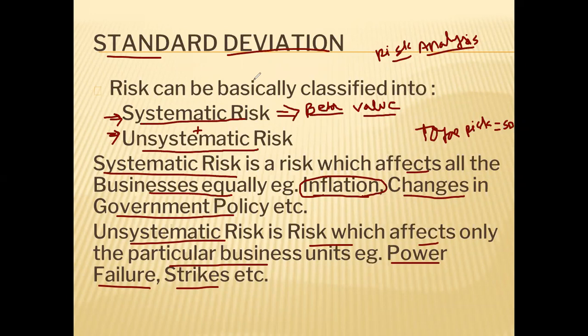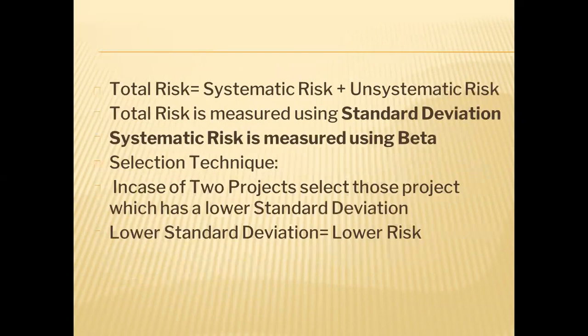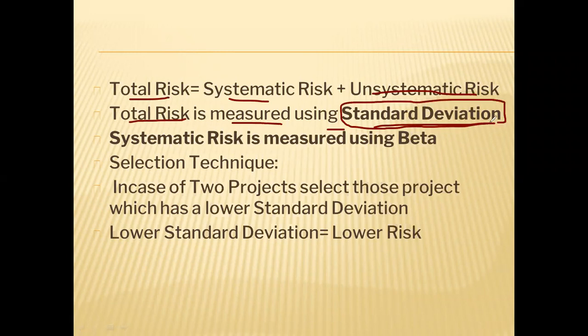So total risk is systematic risk plus unsystematic risk, and total risk is measured using standard deviation. You have to remember this: total risk will be measured using standard deviation, and systematic risk is measured using beta.